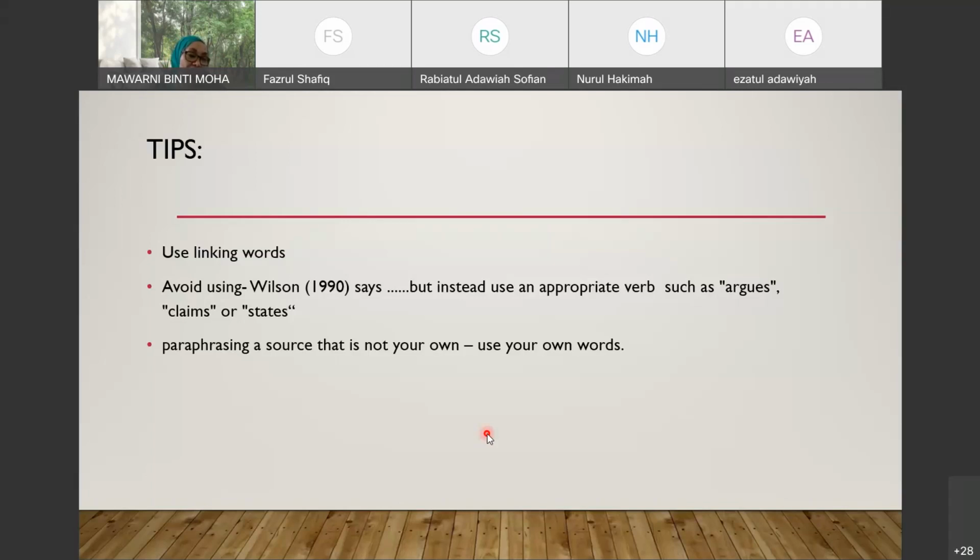Similarly, in addition, because, more importantly, however, other than that, on the other hand, and the list could go on and on. And of course, each linking word is used for a different context, whether you want to show similarities or you want to show opposition or differences.